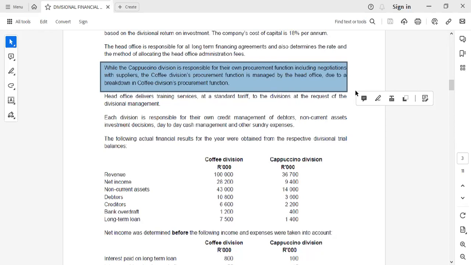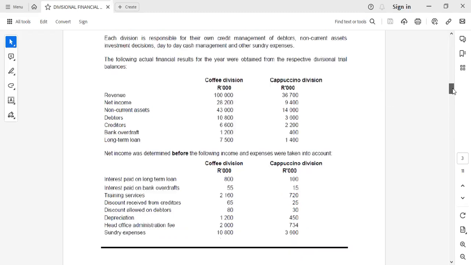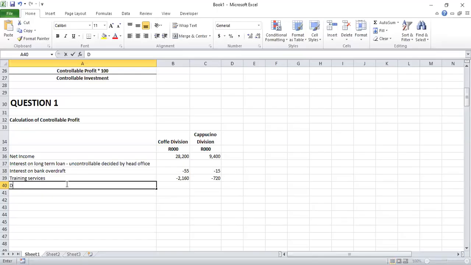So the discount received will be included only for the cappuccino, this 25, but for the coffee we're not going to include it.